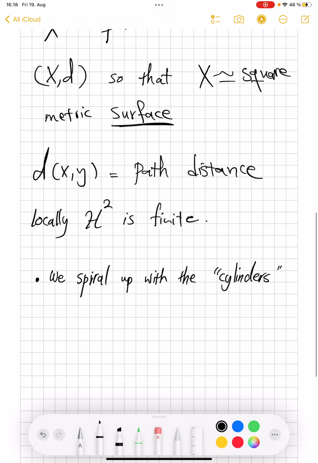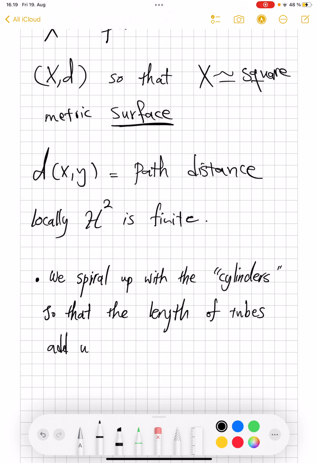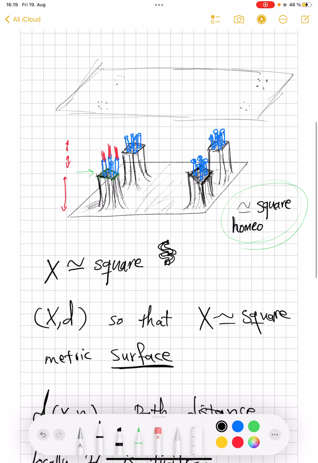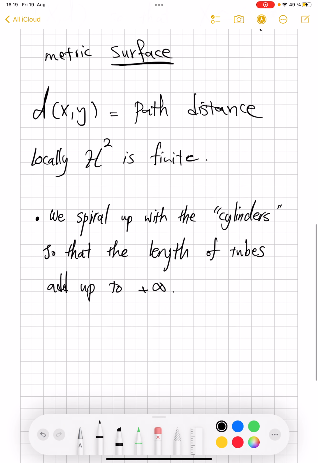What is the purpose of this? So that the length of tubes adds up to infinity. So that when you start at level, say 1, by the time you reach level 100, you have added a lot of length, and in infinity, this goes to infinity. So what happens as a result of this?